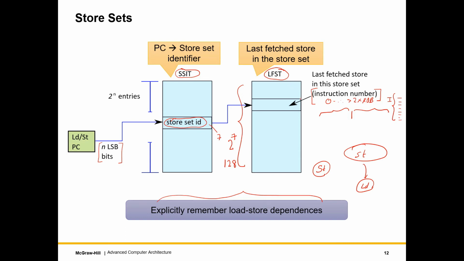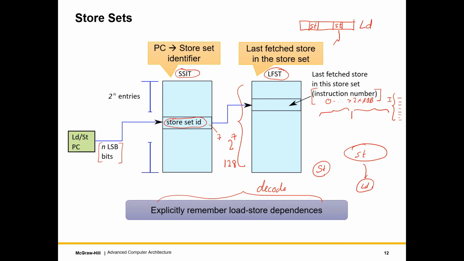And in the LFST table, we say what the instruction number of the latest store fetched in this store set is. This check, mind you, is done at decode time, not at resolution time. So if I am the load, a lot of instructions have been fetched before me. Some of these stores are in the store set, which is the set of all the stores that can potentially forward their value to the load.